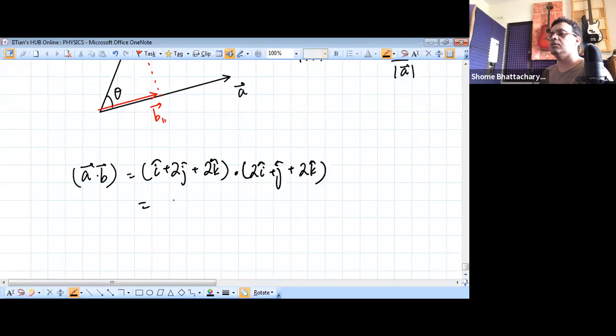So that is 2 plus 2 plus 4. That is 8, and you can see the dot product is becoming 8.